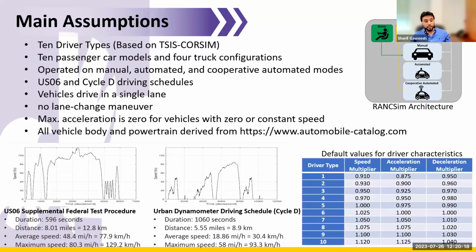The vehicle power terrains used within this simulation tool were derived from this provided website, which is automobile-catalog. And the vehicle dynamics have been tested using the US06 supplemental federal test procedures for passenger cars, as well as the cycle D for trucks, which are two common, well-known models for the performance of passenger cars as well as trucks.